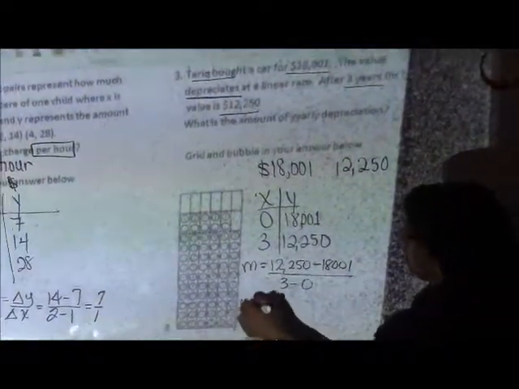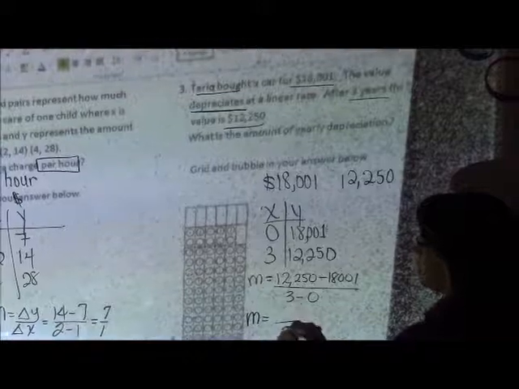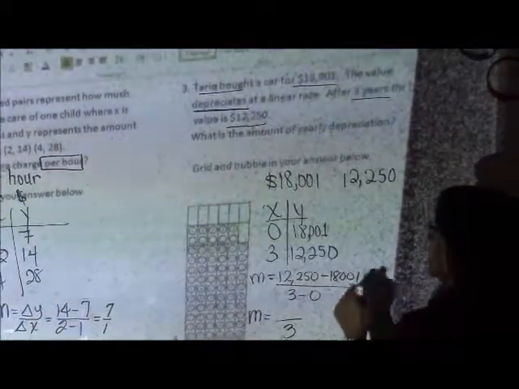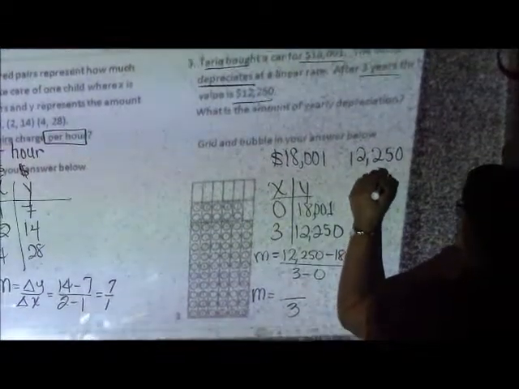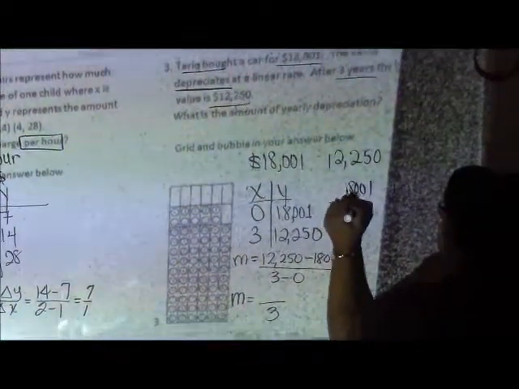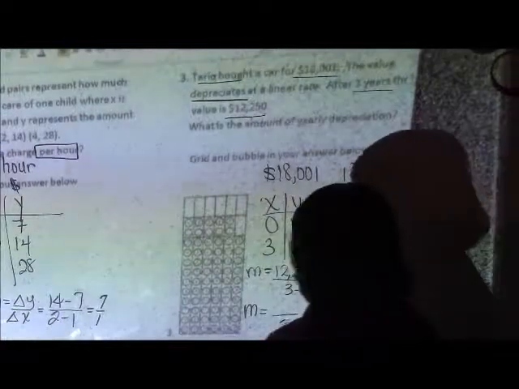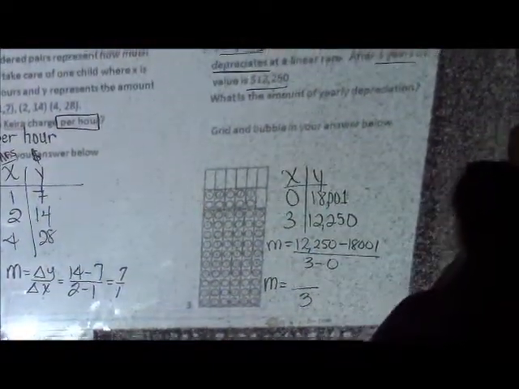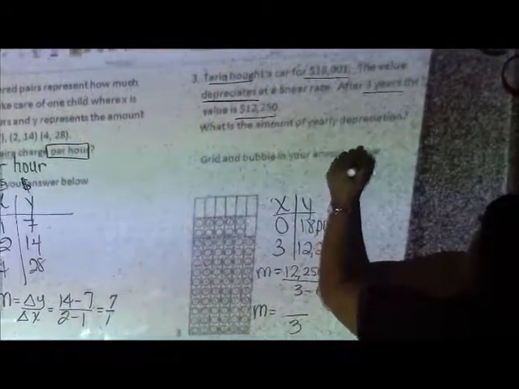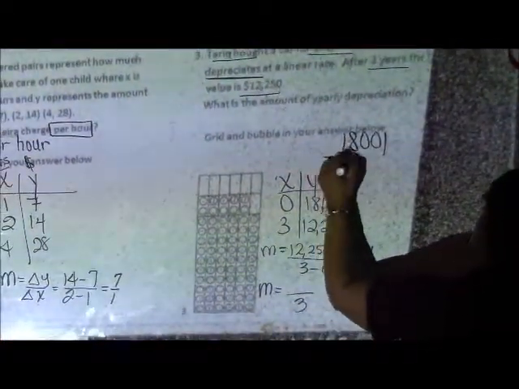You cannot use a calculator on this part of your test. So what we're going to do is we're going to subtract. I can do that right here. 18,001 minus 12,250. I'm going to write that a little bigger for you.